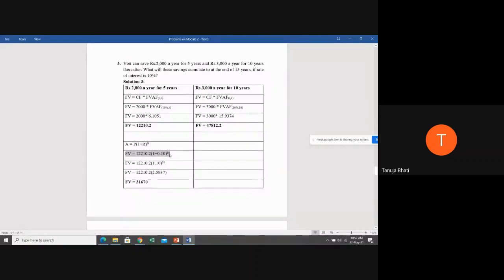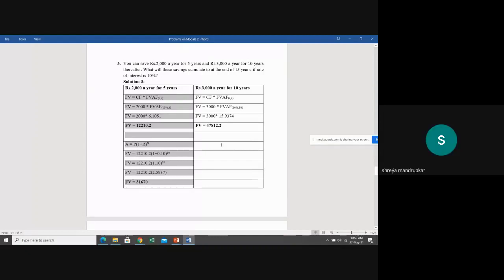We have taken N as 10. Why? Because from the end of 5 years to the 15th year, the number of years is 10, at the rate of 10%. After solving this formula, we have got the future value as 31,610. Is this part clear, students?